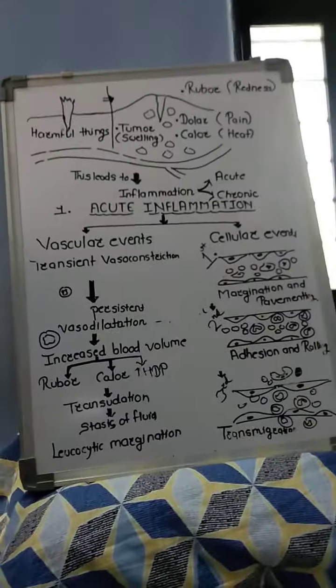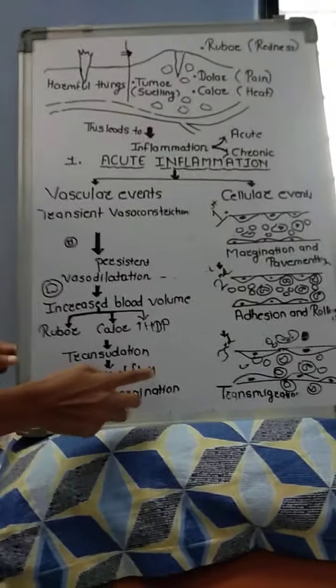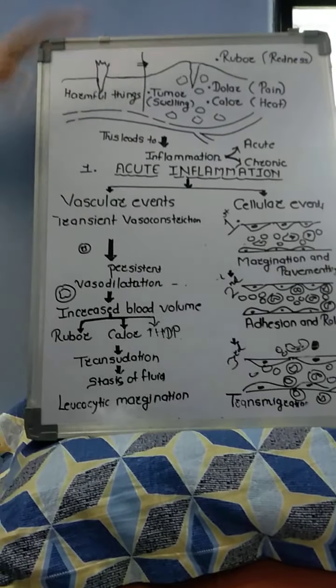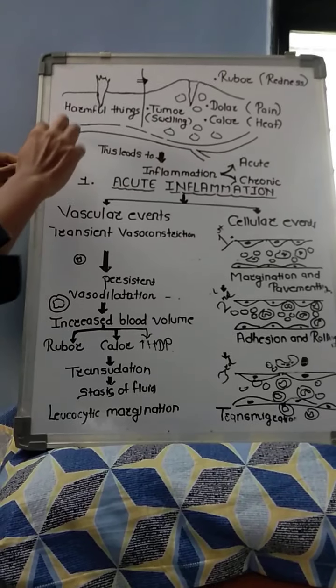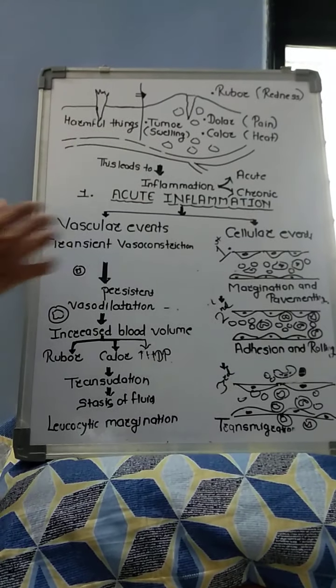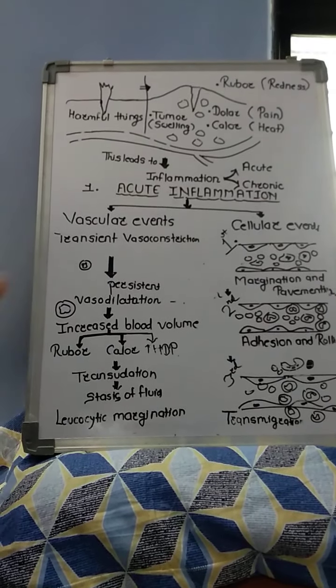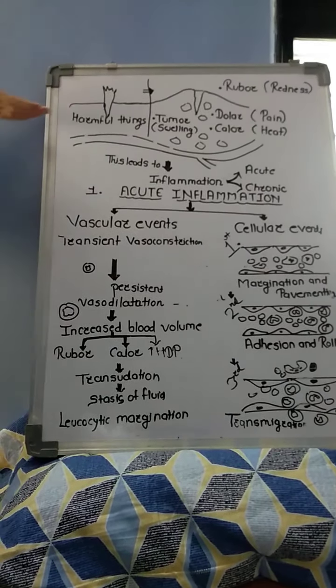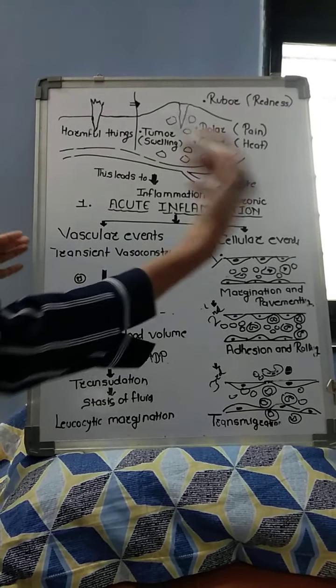After plasma transudation of fluid, there is stasis. Actually the blood cells, leukocytes, macrophages that are in the blood vessel, stasis of that fluid occurs. After that, leukocytic margination occurs, and this event takes place with the cellular event.